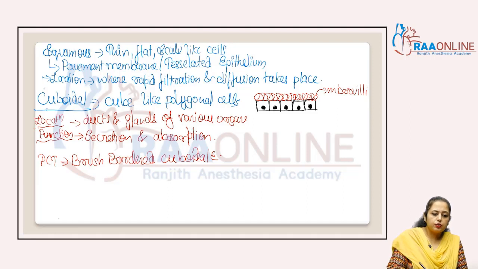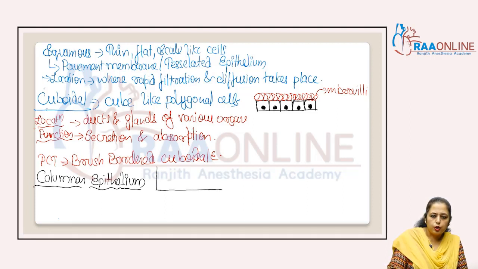When we talk about the next one, that is the columnar epithelium. Columnar epithelium means it is column-like, that is the long, tall, pillar-like cells.